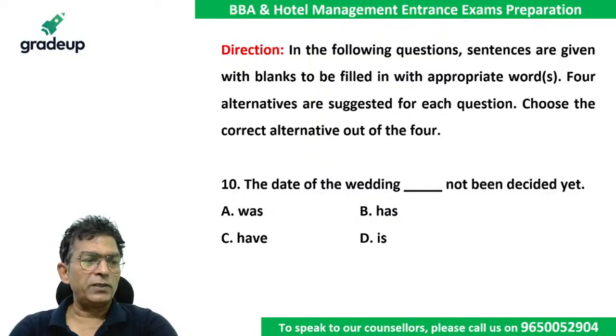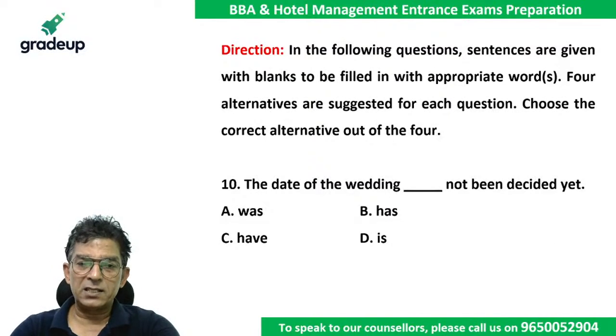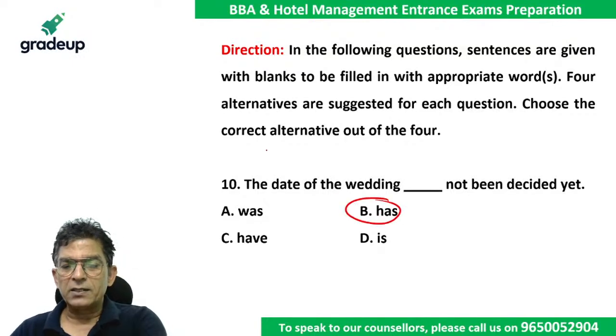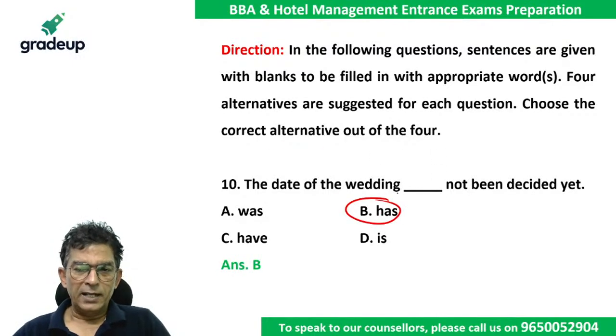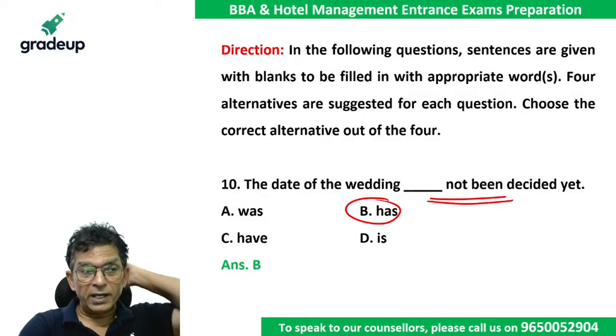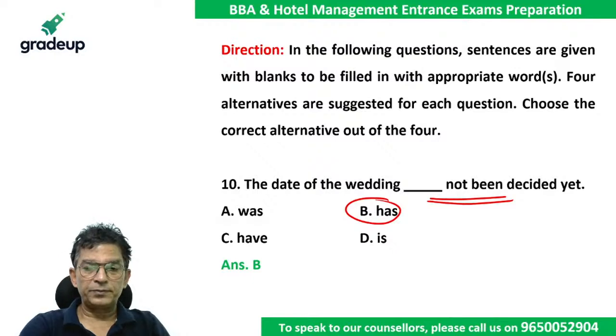Very good. The date of the wedding has not been decided yet. Okay. And this is in the passive voice. Has not been decided is in the passive voice. You should be able to identify the tenses really well.